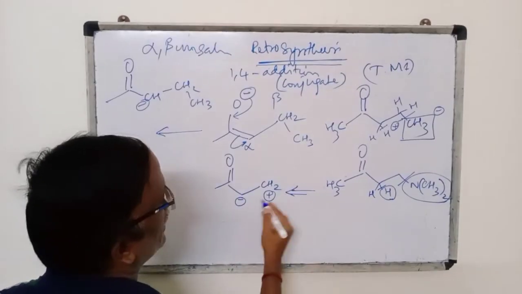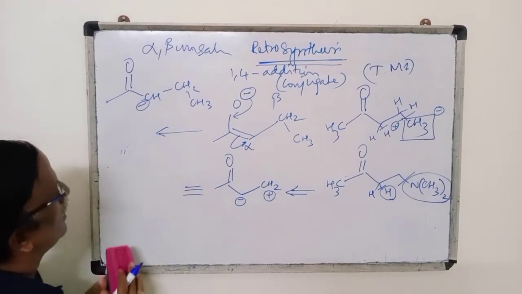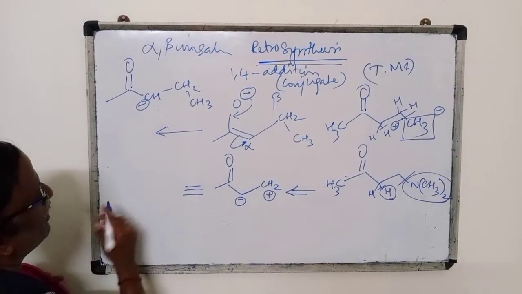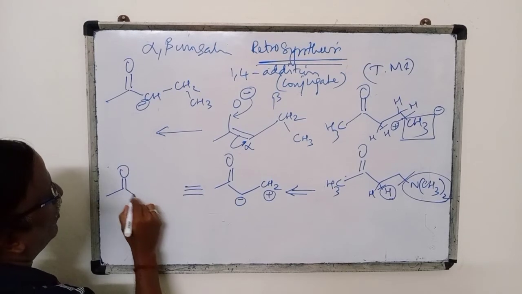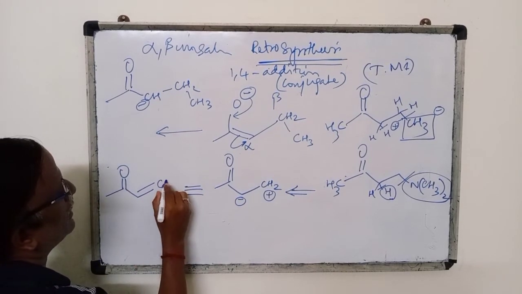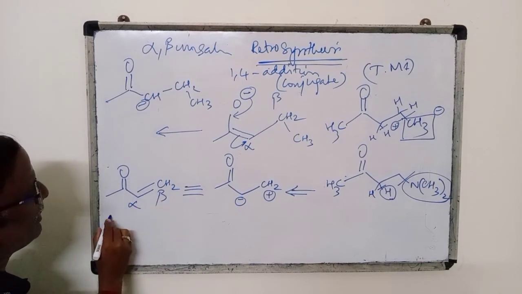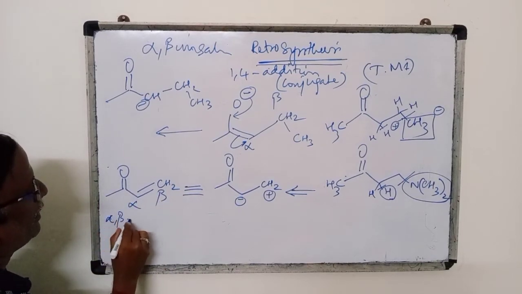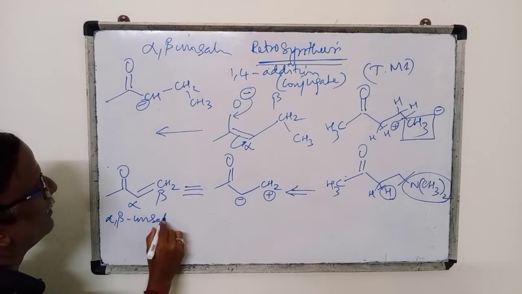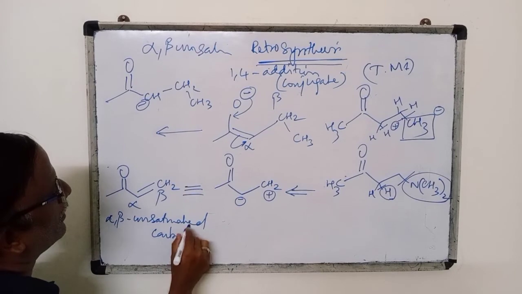Now you try to connect them, so obviously the corresponding synthon is going to be a CH2 group. There is a CH2 group. So what is this? This is nothing but my alpha beta unsaturated carbonyl compound.